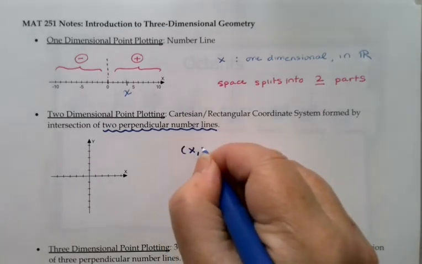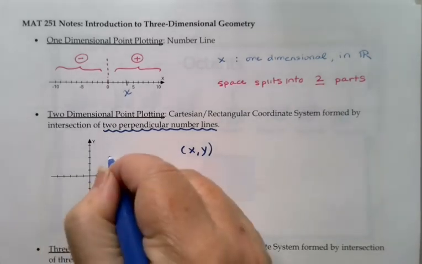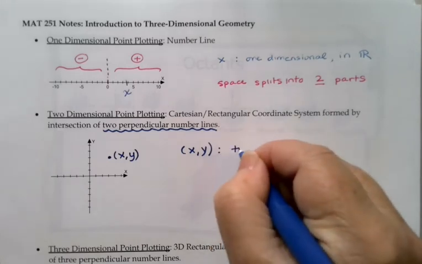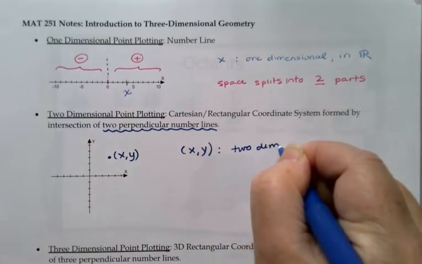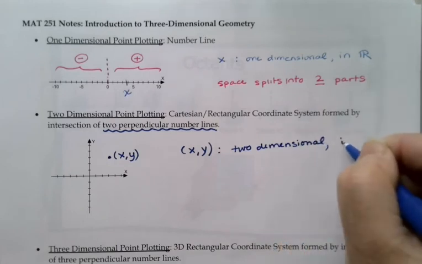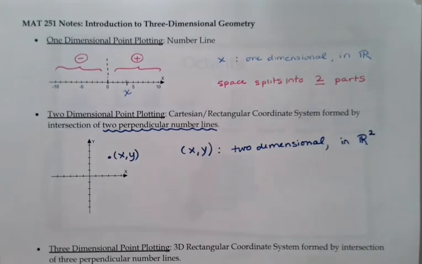Points are now two-dimensional. They have both an x and a y value. They are located in what we would call two space, which we write like that. R squared is what it looks like, but it's read as two space.